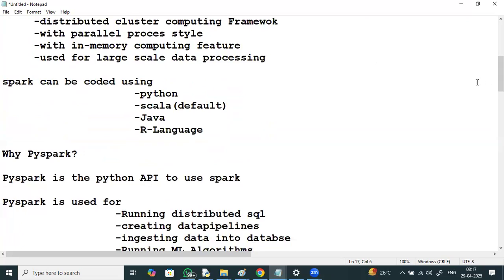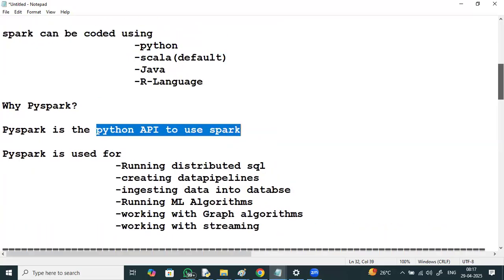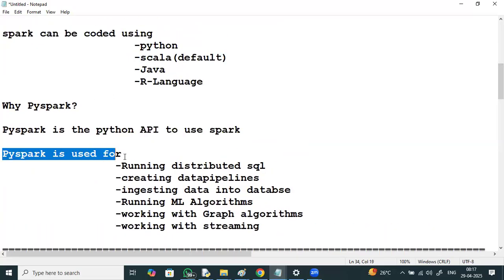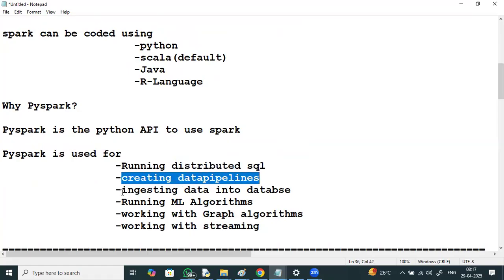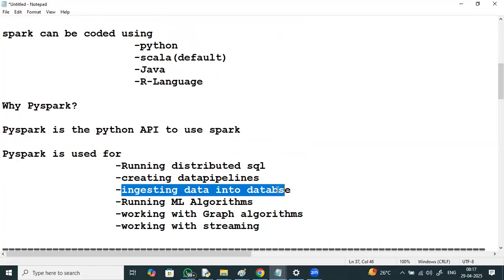So why PySpark? It is a Python API to use Spark. PySpark is used for running distributed SQL, creating data pipelines, ingesting data into databases, running ML algorithms, working with graph algorithms, and working with streaming.